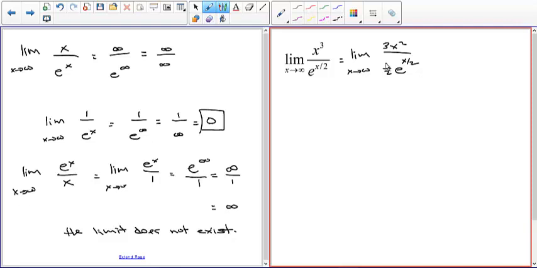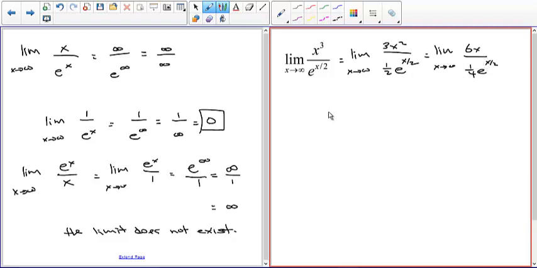Now you still get infinity over infinity. You're like, that doesn't work. What do I do? Well, you keep doing it until you don't have infinity over infinity. So you just keep taking derivatives until we end up with a determinate result. So you get the limit of 6x divided by 1/4 e to the x over 2. Again, the exponent is 1/2 x, so 1/2 times 1/2 gives me 1/4.